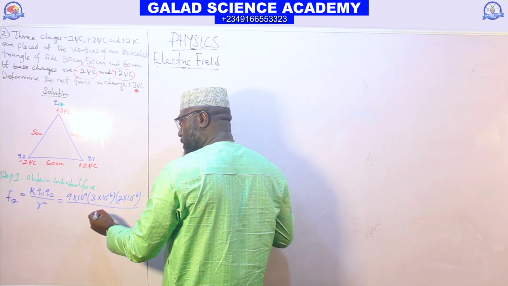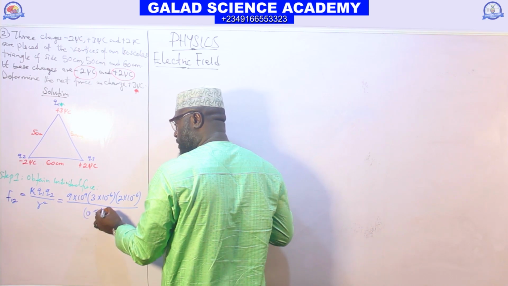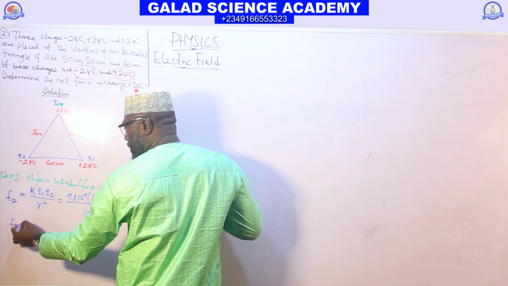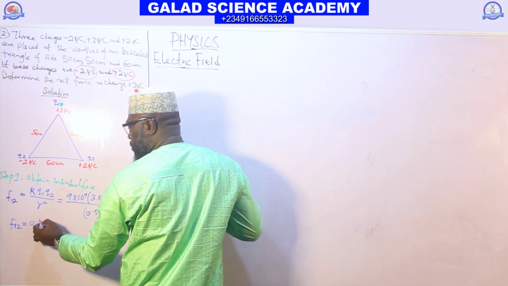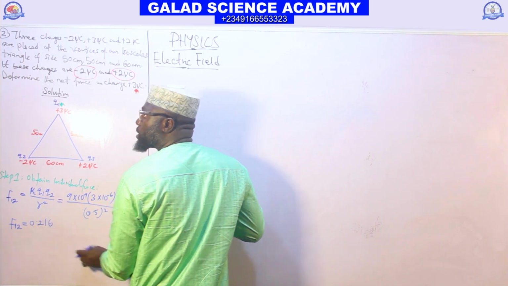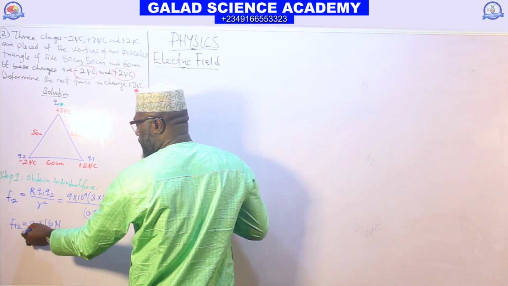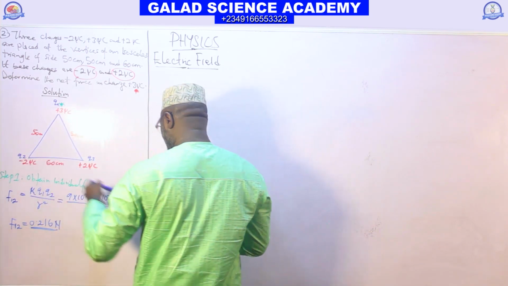Everything over the distance, 0.5 squared. By solving it further, F12 gives us 0.216 Newton. So it's the force between Q1 and Q2.